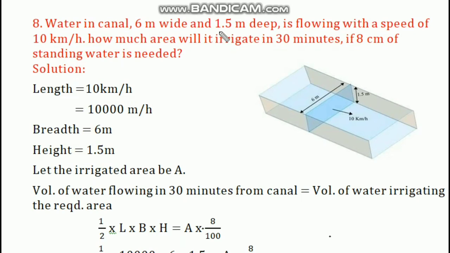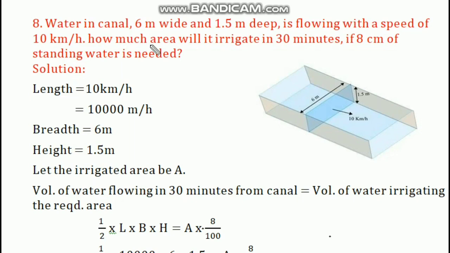But everything else is given in meter, so 10 kilometer equals 10,000 meter per hour. Actually, this volume of water is equal to the volume of irrigated water.